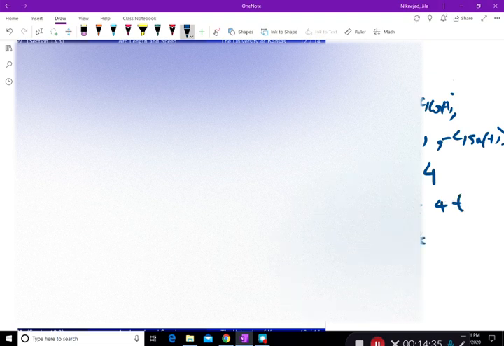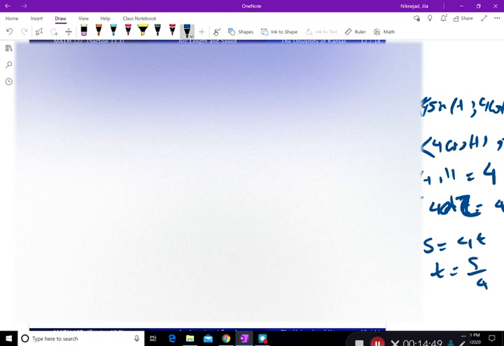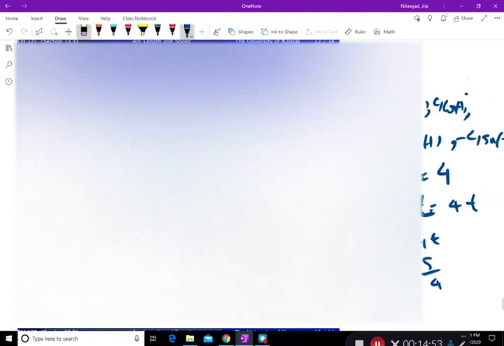If I plug in t equal to s divided by 4, I should get the right answer. So r of s divided by 4, and I look for which option matches. That is the answer.